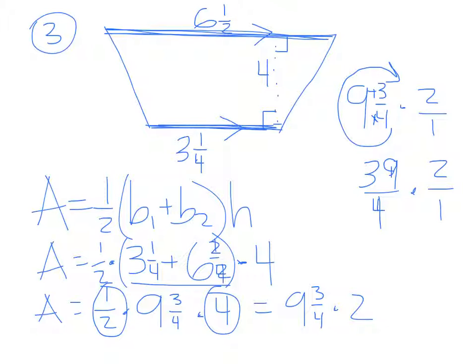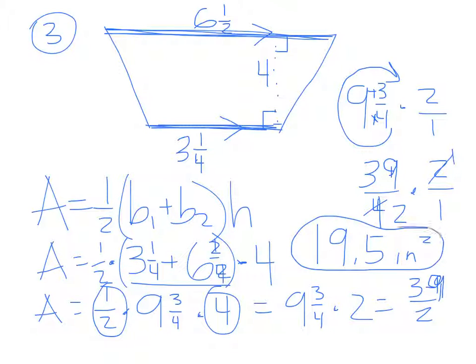And I'm going to cross cancel. This would be 1 and 2. 2/4 is 1/2. So this is 39 over 2. And if we were to divide that, 39 divided by 2 would be 19.5, or 19 1/2, or 39 over 2, you could say. Inches squared would be the final area. And that is example 3.